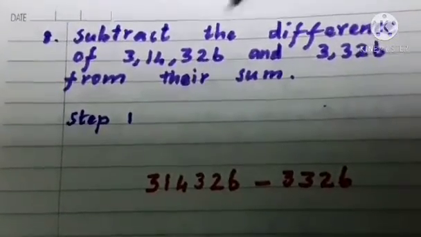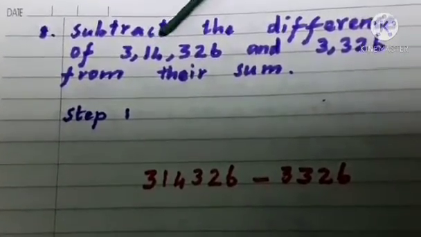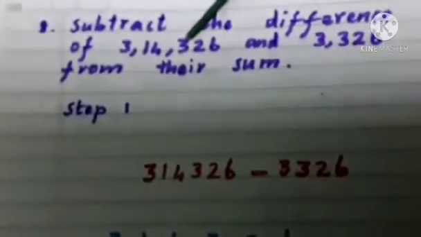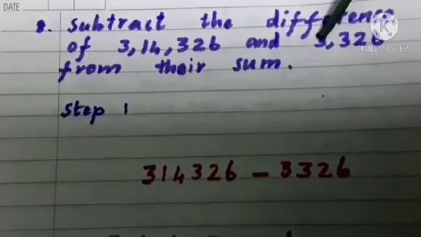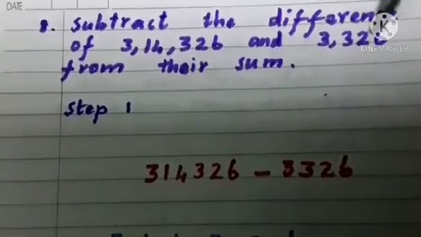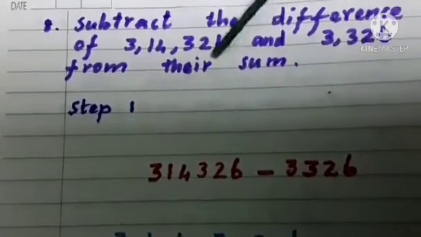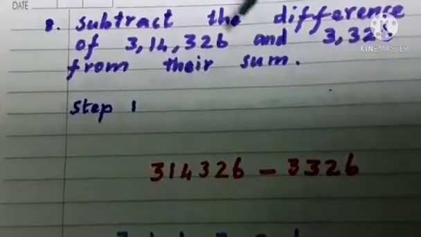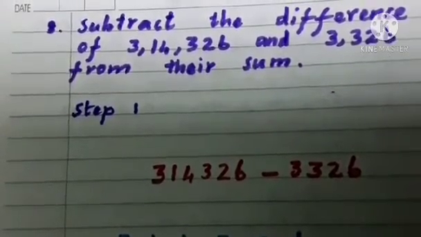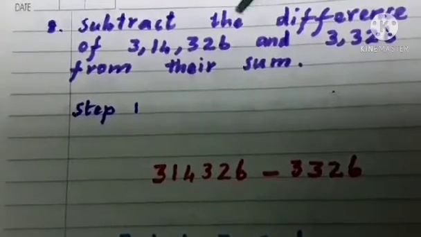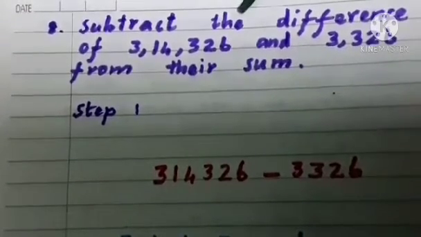Continuing forward with the same chapter, subtraction, but today with a different model. Subtract the difference of 3,14,326 and 3,326 from their sum. First, we have to read the question again and again. Then we have to understand the question well.